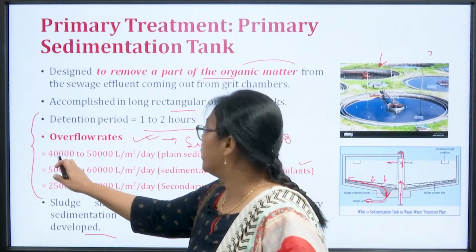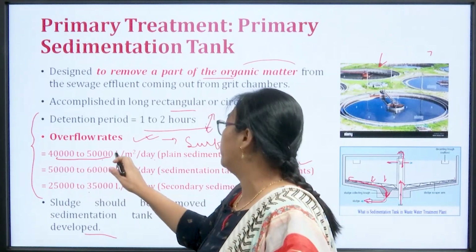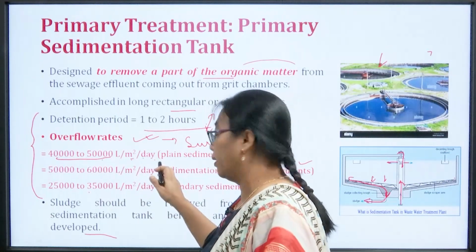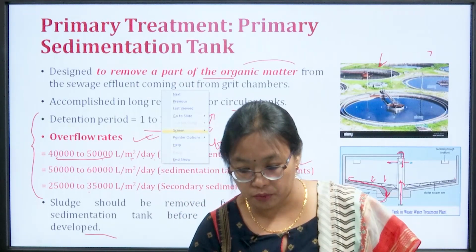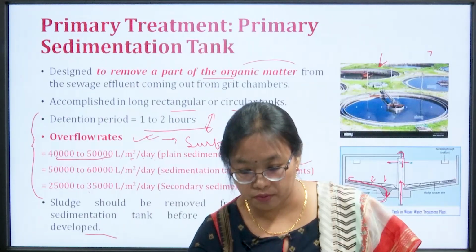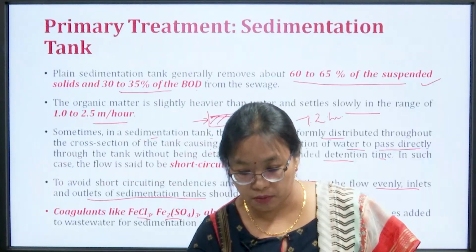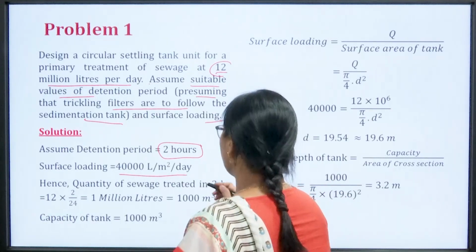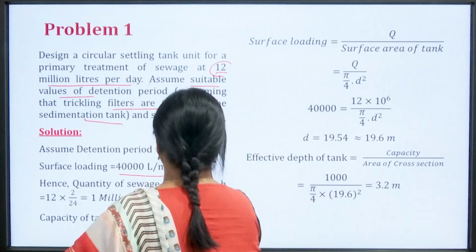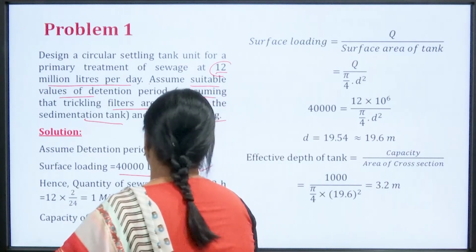In plain sedimentation, the overflow rate was 40 to 50 thousand liters per meter square per day, right. So, here we have assumed 40,000 liters per meter square per day.